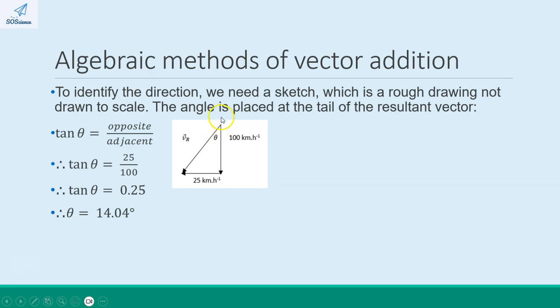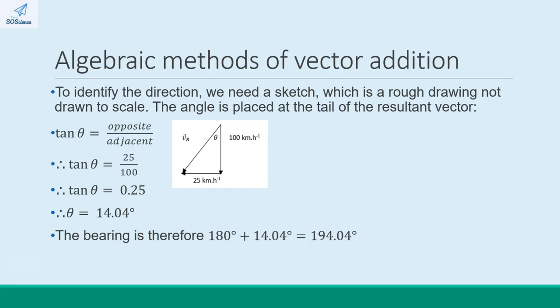Remember, we're using the bearing method. So we make a little compass at the tail of this resultant, and we go from the north all the way until we hit our vector. So here's the north. From here to here is 180 degrees. 180 plus 14.04 degrees will indicate the resultant direction of this vector.